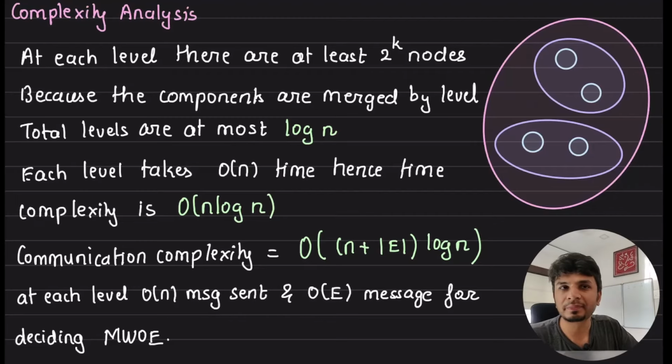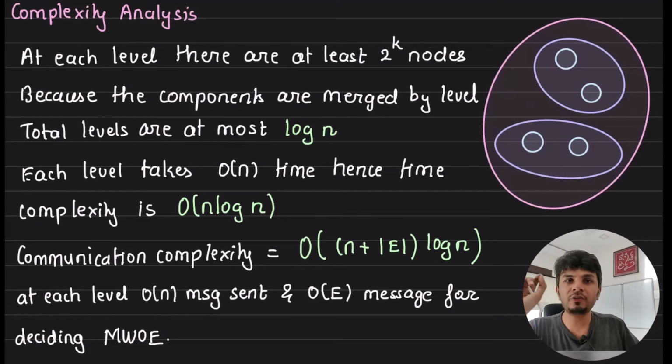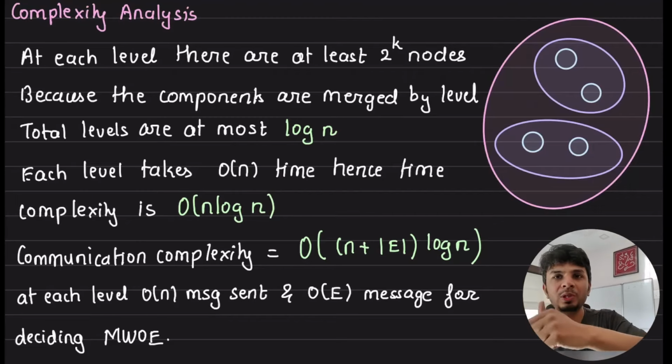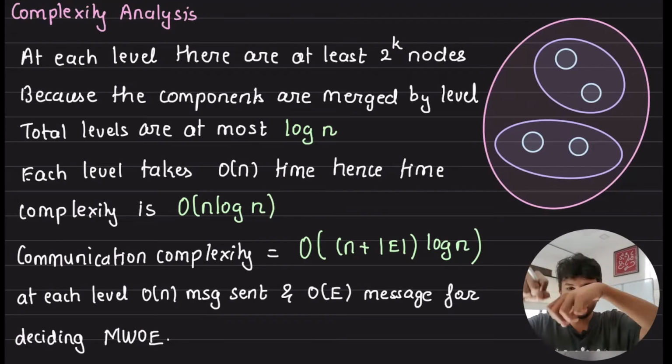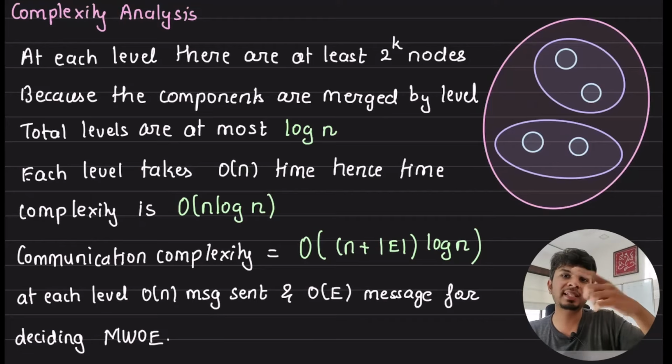And when we talk about communication complexity, at each level, order n messages are sent and order e messages are received to decide the MWOE. Because every node sends a message, outgoing nodes respond with this, and the number of messages received is equal to the number of edges in the system.